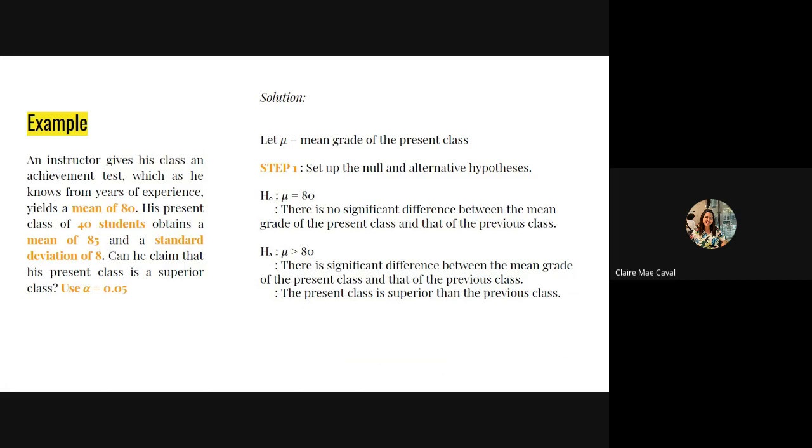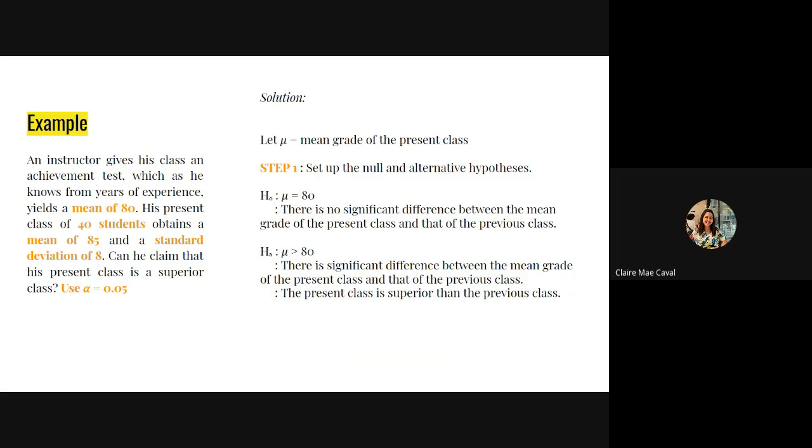Use level of significance 0.05, meaning 5% na naman yung chance of committing an error na pwede na wrongly accused na rejected si null hypothesis despite of it being accepted unta or true.